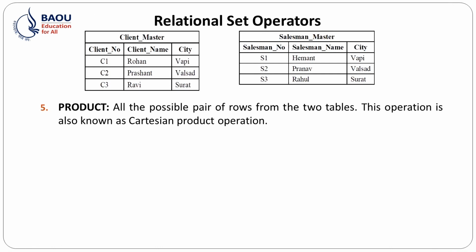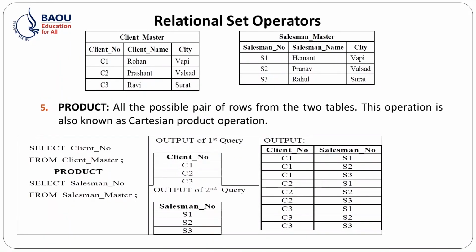For example, if one table has 3 records and another table has 3 records, the product operation will display 9 records. It is like a multiplication operation. The product operation is performed between the client master table and salesman master table. The output of the product operation is shown below.